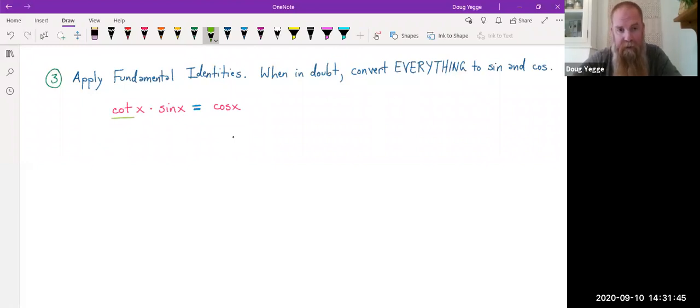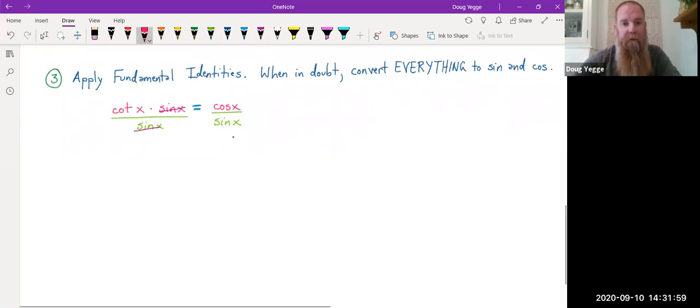What we are not allowed to do is say, hey, if I divide by sine x, then that must mean that the sine x cancels, giving me cotangent x equals cosine x over sine x. And although that seems true, because it's a quotient identity, this is the wrong form for being able to verify an identity.